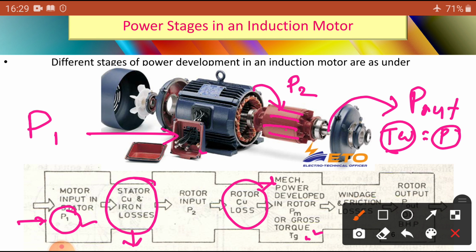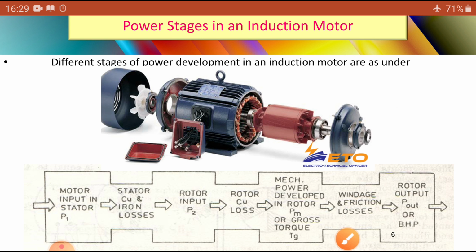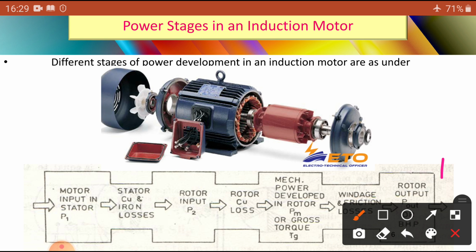After that there are also mechanical losses, that is the friction and windage losses. After that comes the rotor output, which is P out, the net output at the rotor shaft, and this is P in as electrical. This is mechanical energy, and this is electrical energy.